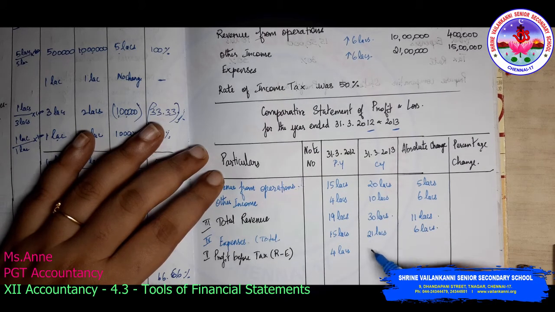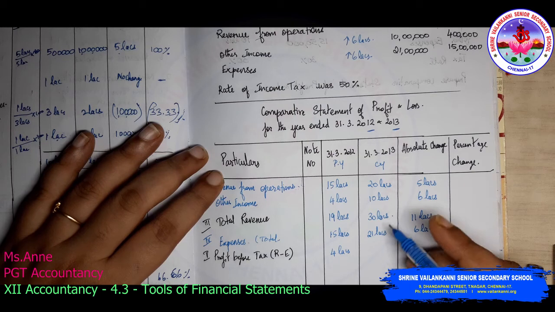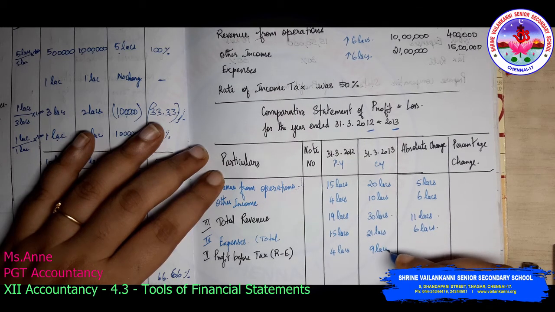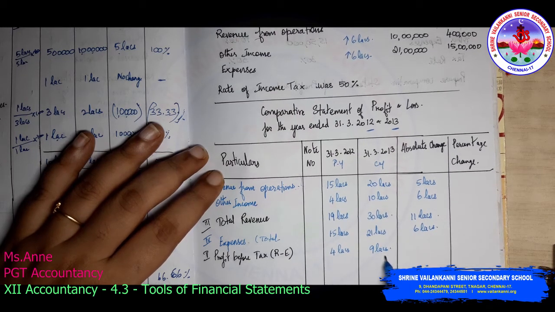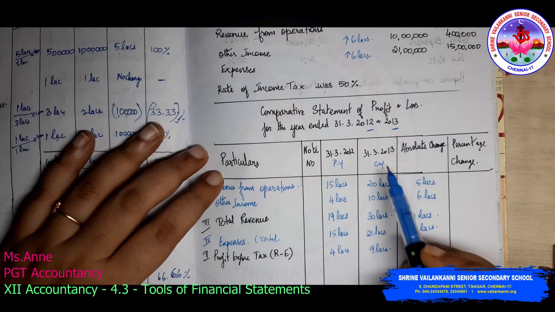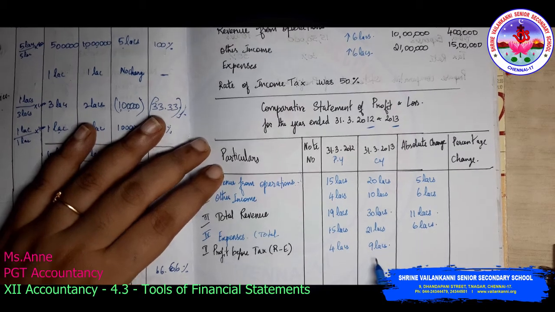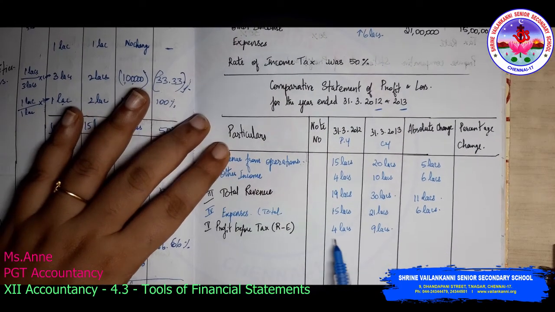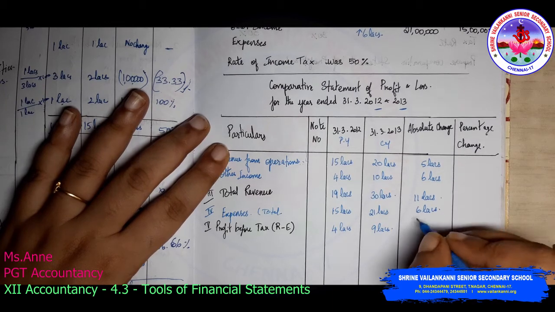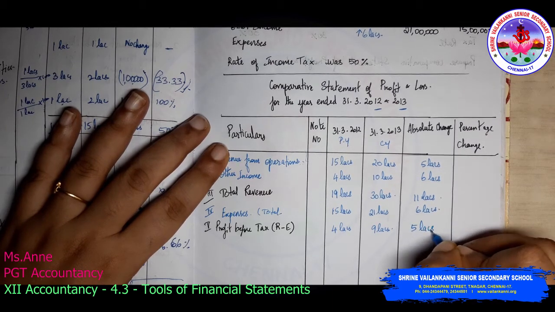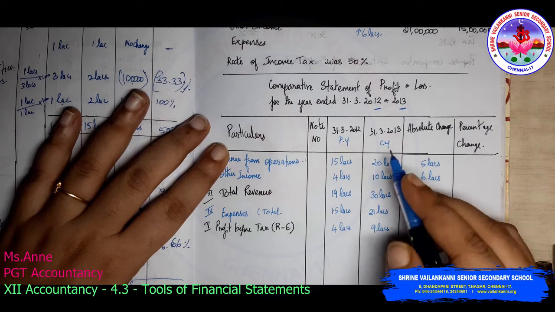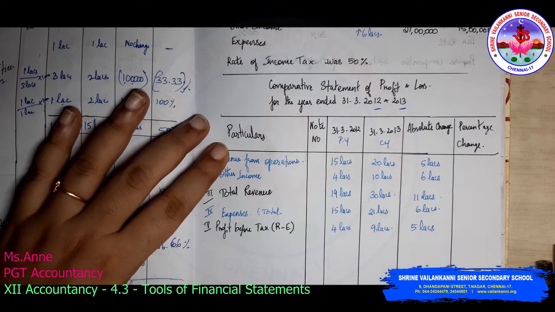Revenue 30, expenses 21, 9 lakhs. Then is there any change? Yes. In 2012 the profit before tax is 4, in 2013 it is 9 lakhs. So there is a jump of 5 lakhs, an increase in profit by 5 lakhs.